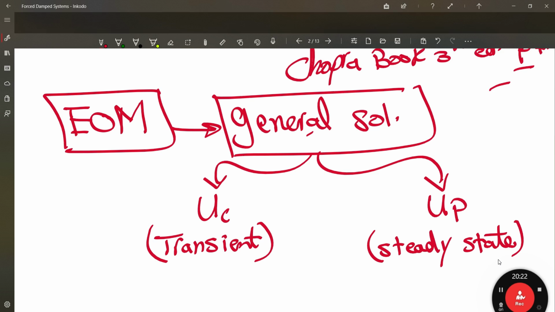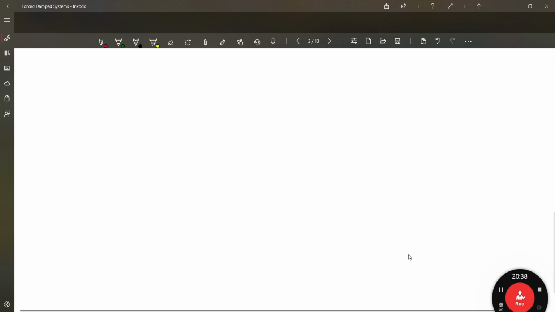Then we are going to superimpose both together. We are going to add the complementary solution plus the particular solution and put it in one equation.